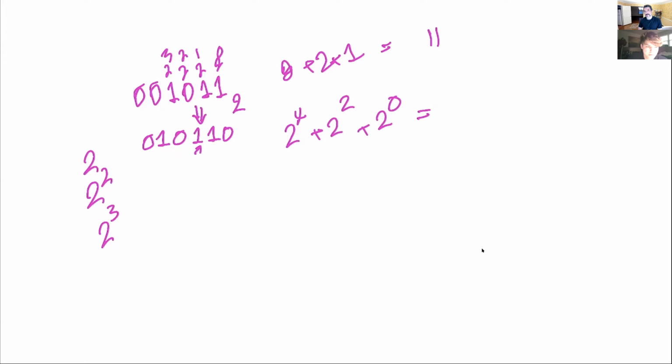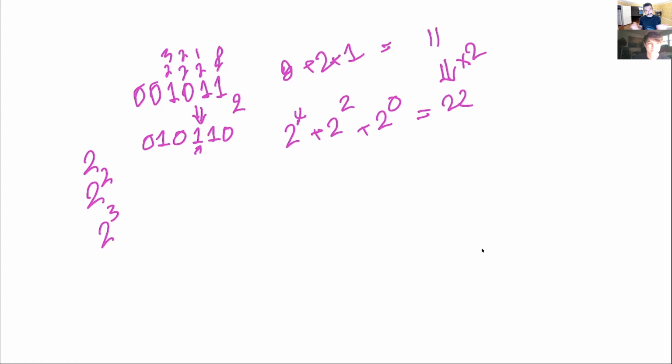Sorry, I'm not sure off the top of my head. Just give me a second. That gives you 22, right? So essentially, you multiply this by 2. We shifted left and got the result multiplied by 2.